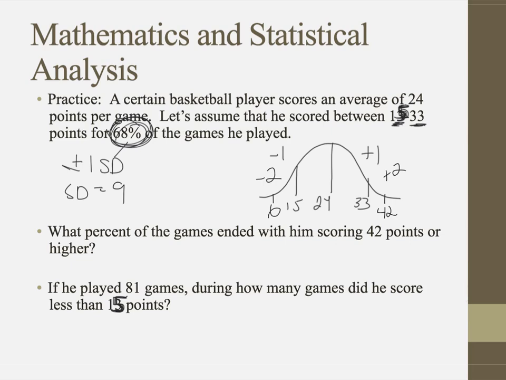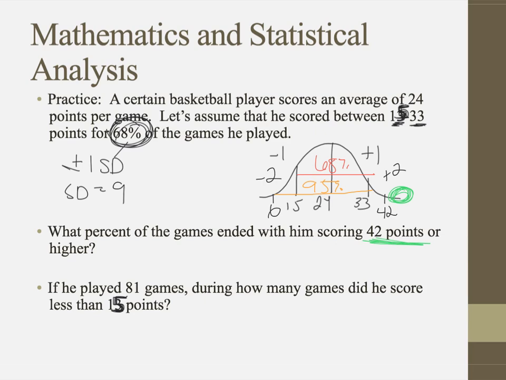This first one says, what percentage of the games ended up with him scoring 42 points or higher? Okay, well 42 points or higher is this area out here. And again, I know that 1 standard deviation is 68% of the values, 2 standard deviations is 95% of the values, meaning I have 5% left.